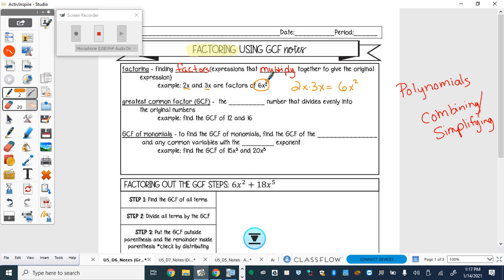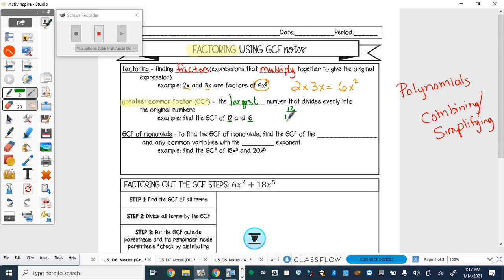So we're going to use the first factoring method, which is the greatest common factor, a lot of times just shortened down to be the GCF. The greatest common factor is the largest number that divides evenly into the original numbers. So for example, the GCF of 12 and 16: what you're trying to do is find the largest number that goes into both.